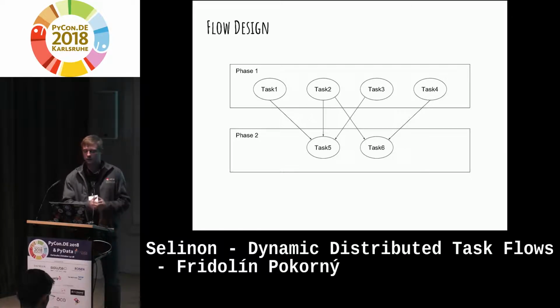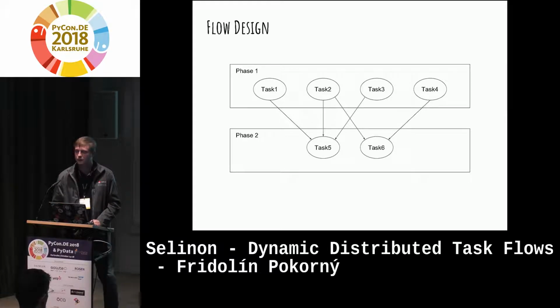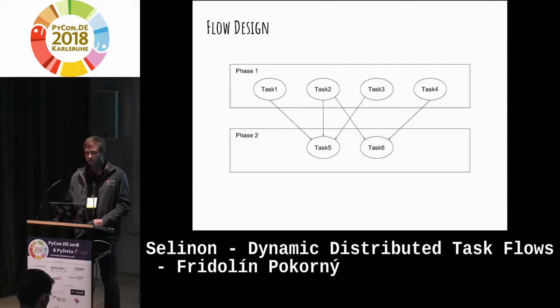So first we introduce phase 1, and we run task 1 to task 4 all in parallel. And once this phase 1 finishes, we execute the subsequent phase, phase 2, and then task 5 and task 6 can be run in parallel. Initially, at Red Hat, when we used Celery, we used this approach, and there are a couple of downsides.